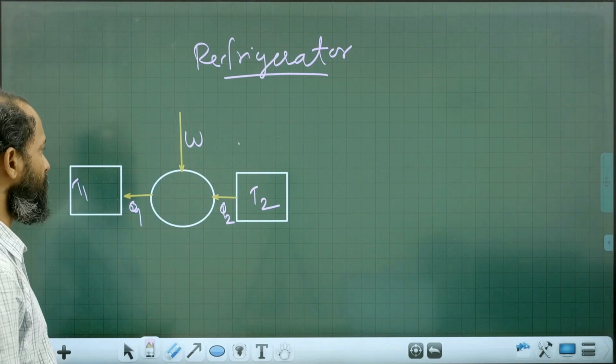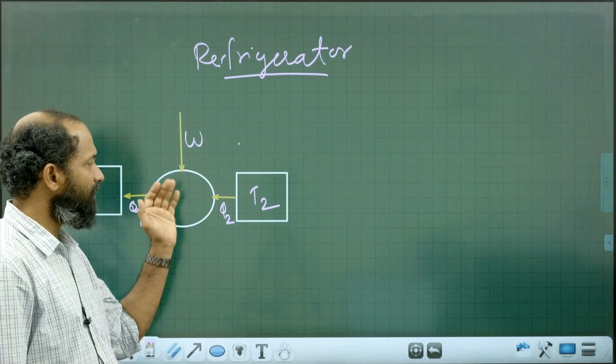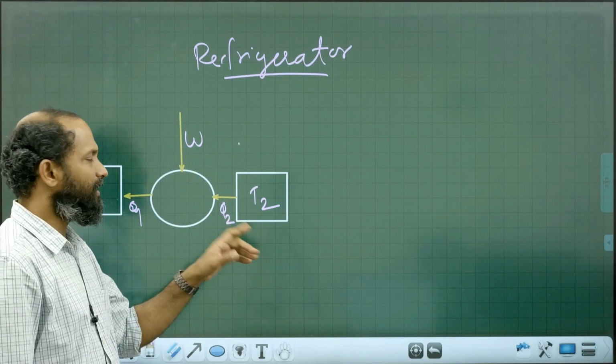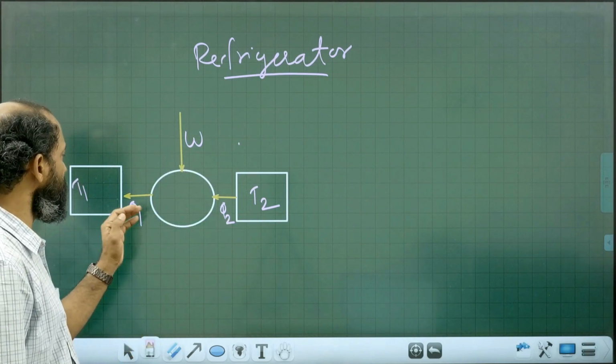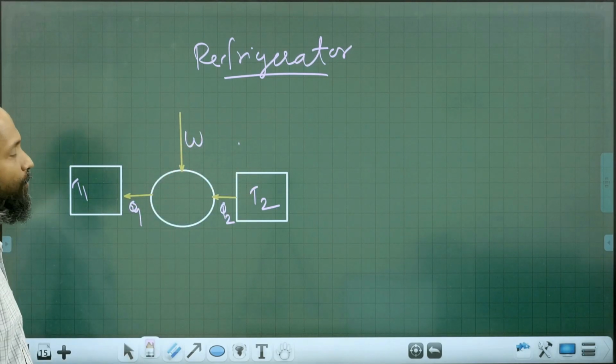So once again, Q2 is the amount of heat energy absorbed at the cold reservoir by the working substance. Q1 is the amount of heat rejected at the higher temperature source by the working substance.